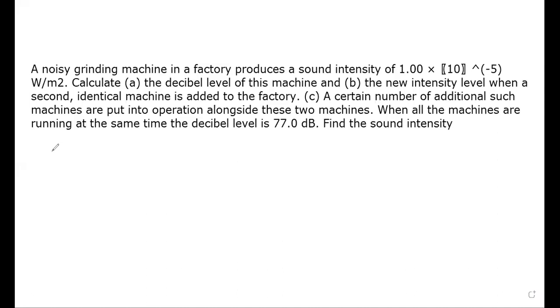Okay, so we had that a noisy grinding machine in a factory produces a sound intensity of 1.0 times 10 to the power minus 5 watt per meter square. So we write here, I, the sound intensity produced, is 1.0 times 10 to the power minus 5 watt per meter square.